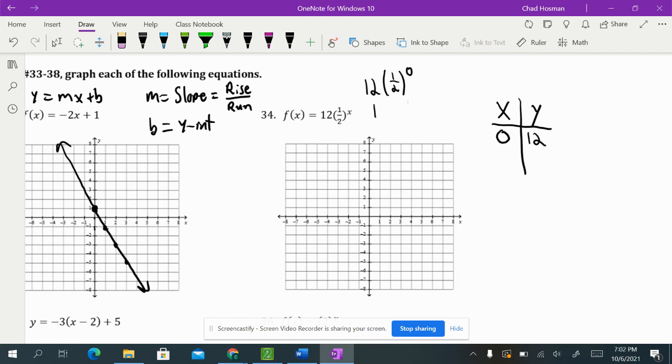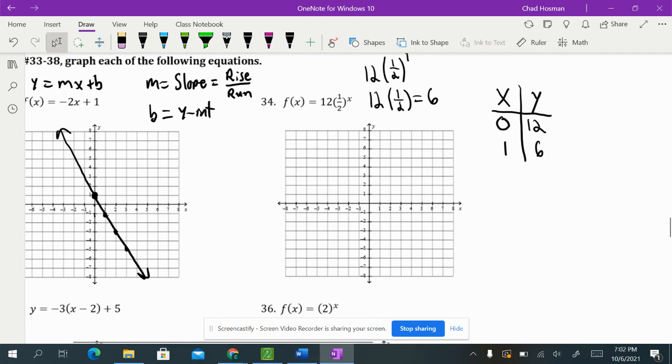All right, then I can say, well, what about when x is equal to 1? Well, if x is equal to 1, then we would just be doing 12 times 1/2 to the 1 power, and 1/2 to the first power is just 1/2. So 12 times 1/2 is just 6. And we can kind of see the pattern forming here too.